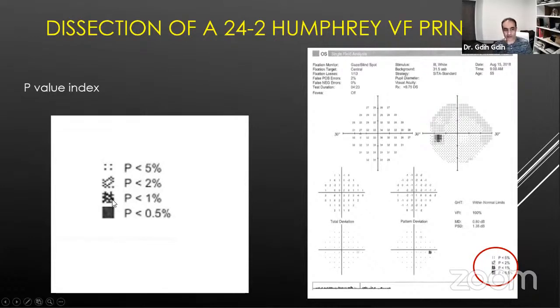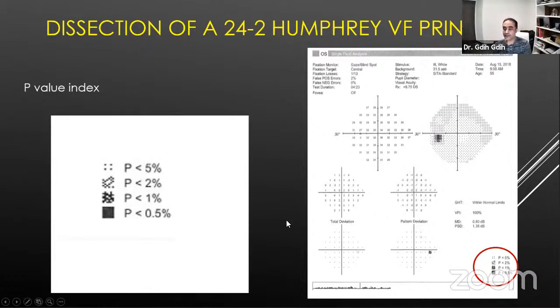A square with a few points missing will be less than 1%. A square with a lot of dots missing will be less than 2%. And only 4 dots outlining a square is the least scotoma, which is a P-value of less than 5%.